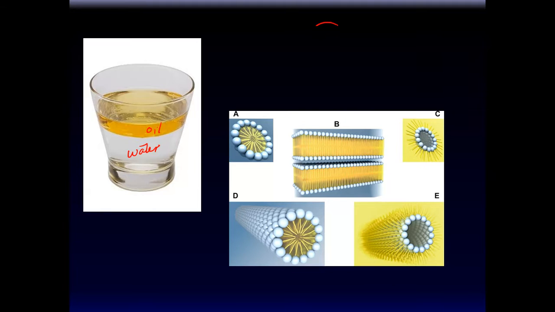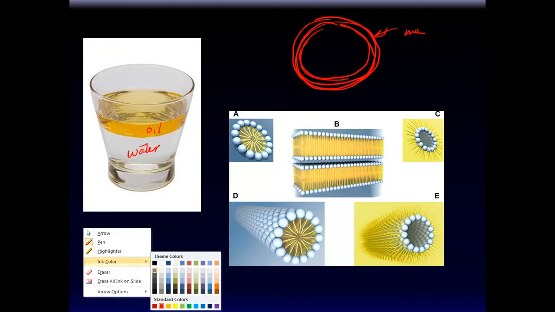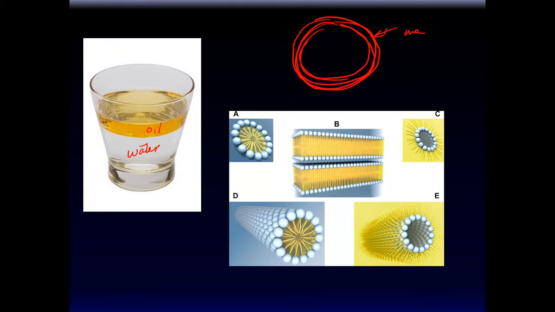If you can imagine a big droplet of oil, and then imagine that big droplet of oil being hollow, that would be the membrane, and inside it would be filled with water, and the outside would be water. So that's the concept of a membrane.